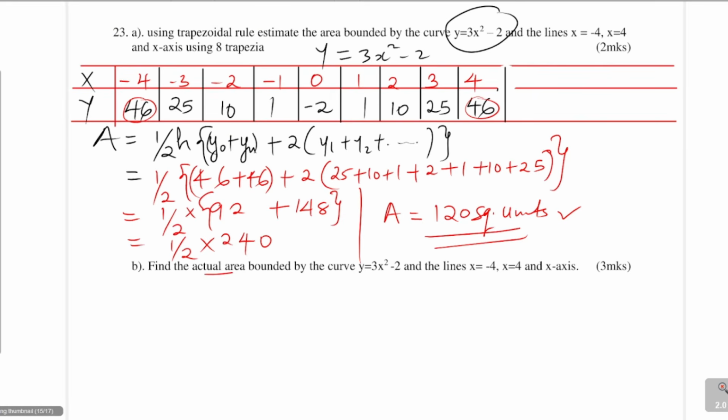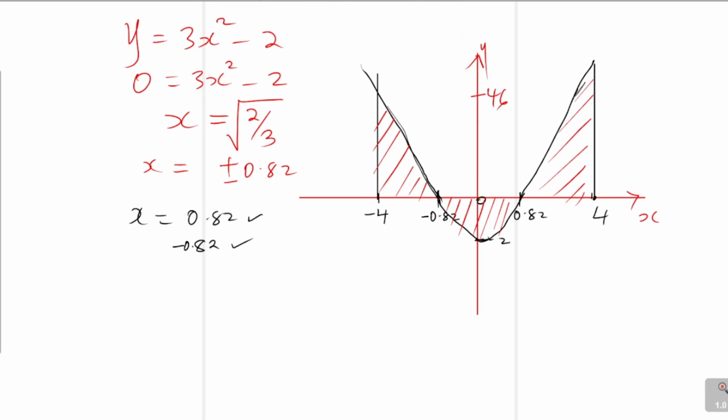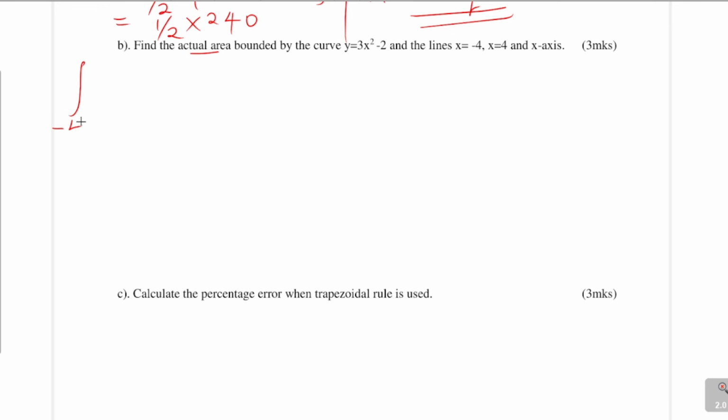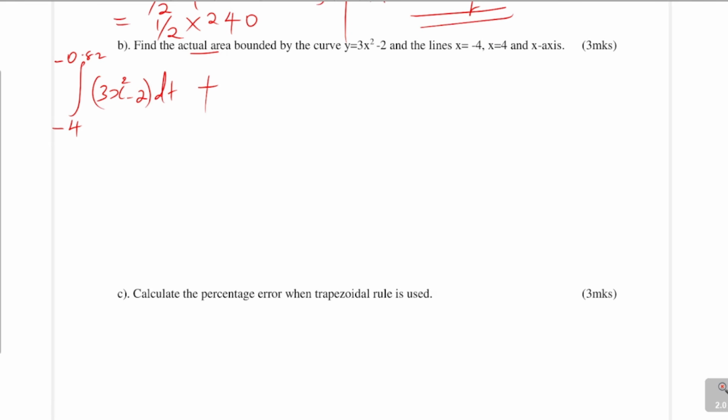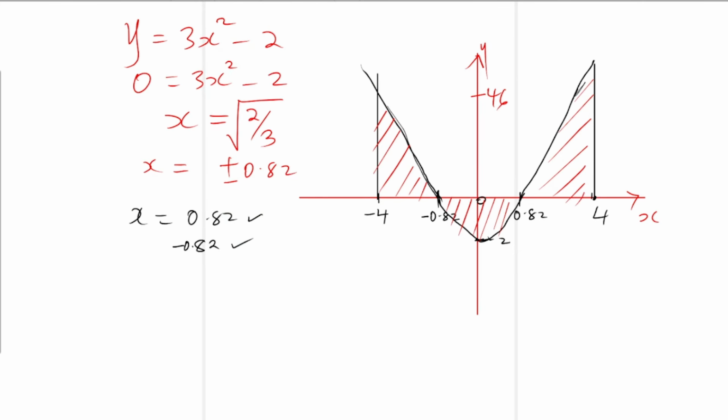And work out this one. We will need, using integration, to integrate from -4 to -0.82, 3x squared minus 2, and then we add from -0.82 to 0.82, 3x squared minus 2 with respect to t, and then plus the other one from 0.82 to 4.